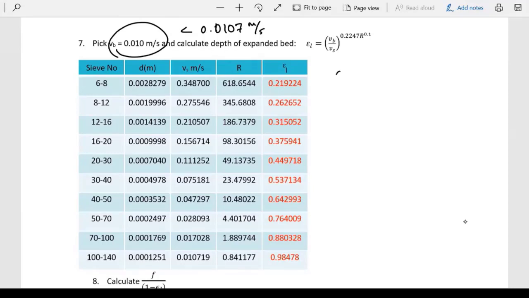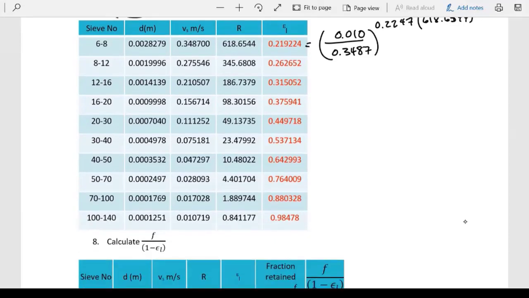So this is simply 0.010 divided by 0.3487 times 0.2247, obviously an empirical equation, times 618.6544 to the 0.01. And that is this value right here.